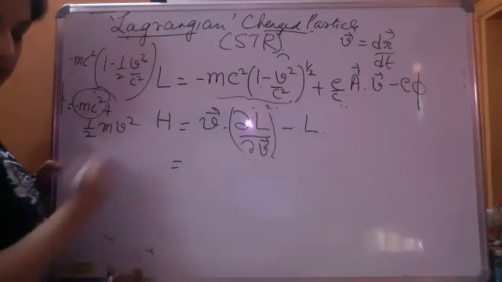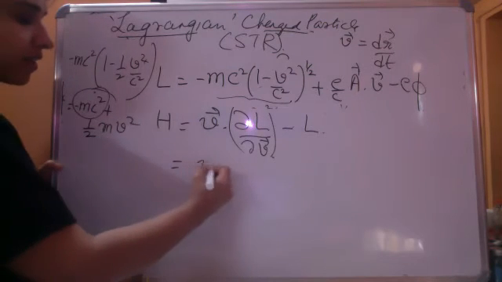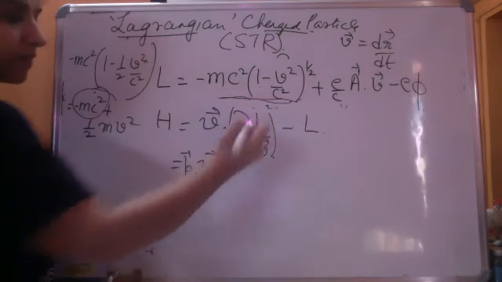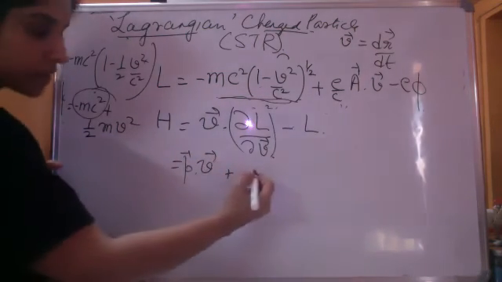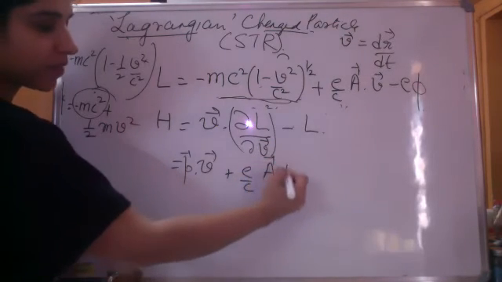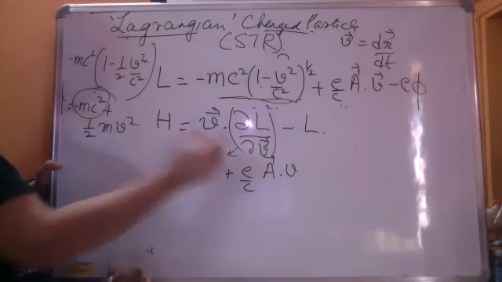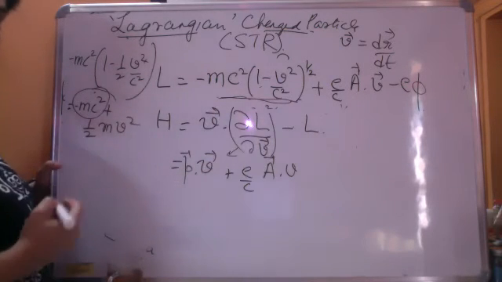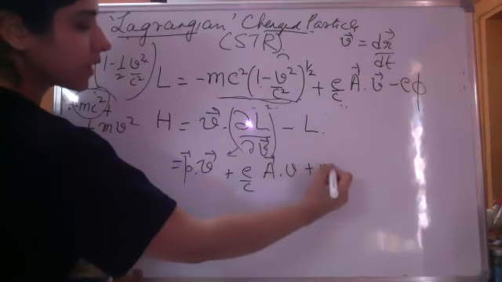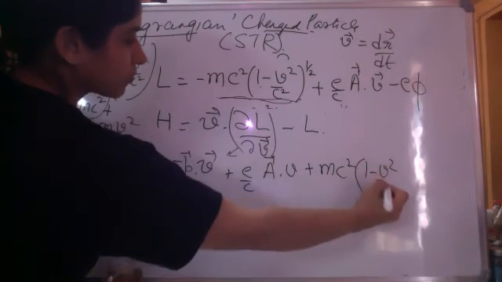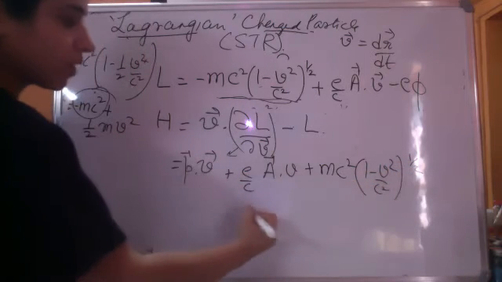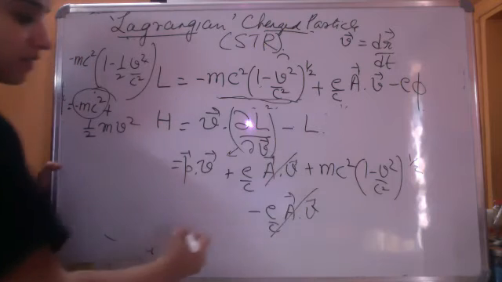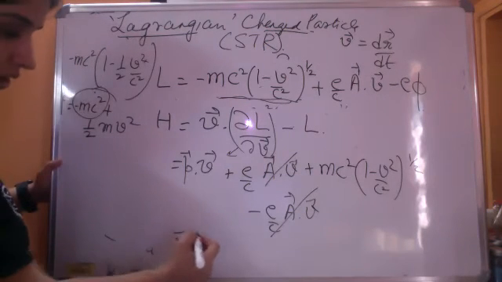This gives me P dot V, where P is the three-vector momentum, plus e/c A dot V. So this is what I've got from del L by del V dot V. And minus L gives me minus e/c A dot V. This and this get cancelled, and I get the expression for the Hamiltonian.